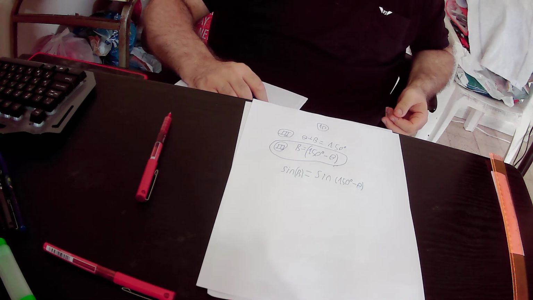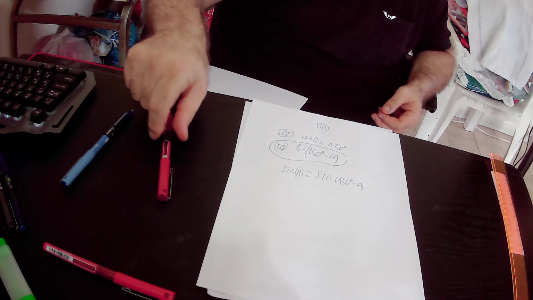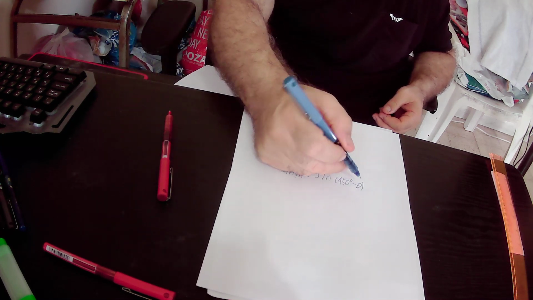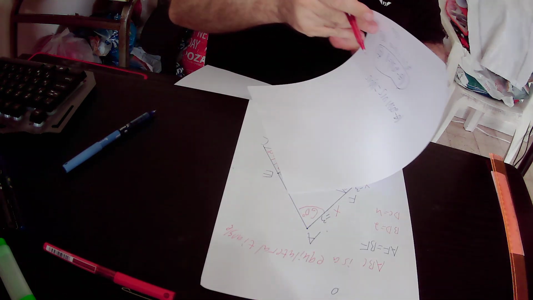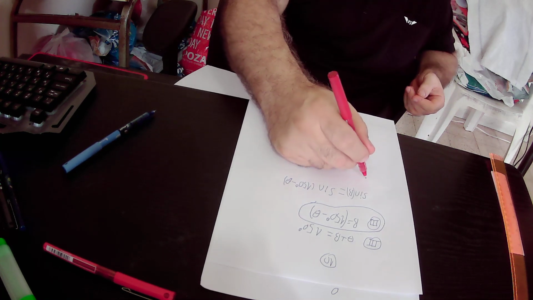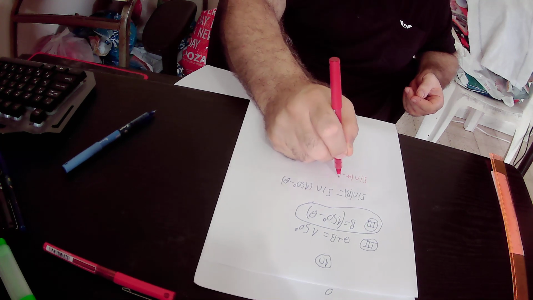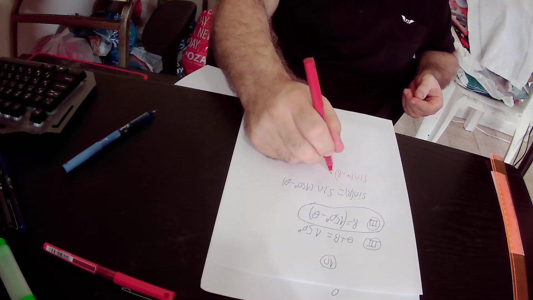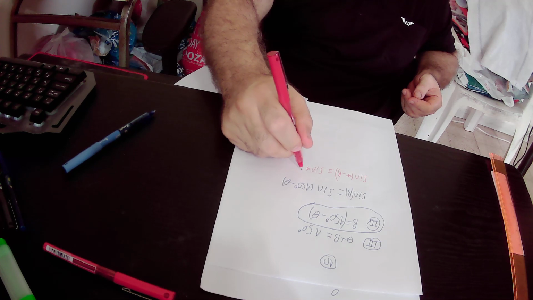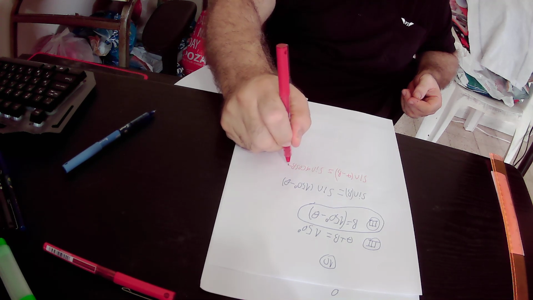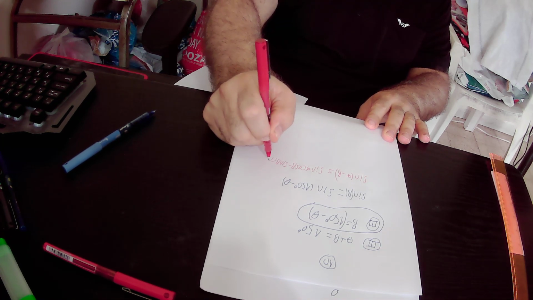We will calculate the value of sinus of 150 degrees minus theta according to the second trigonometric identity that states that the value of sinus alpha minus beta equals sinus alpha cosinus beta minus sinus beta cosinus alpha.